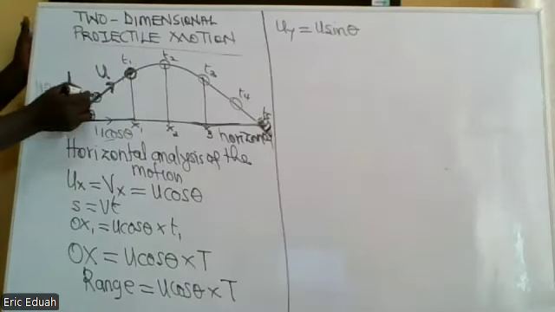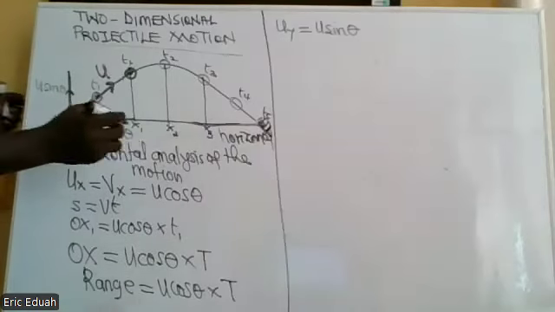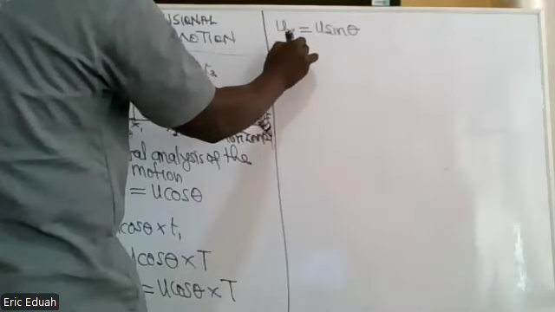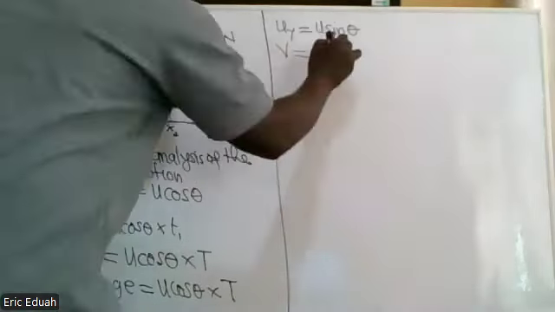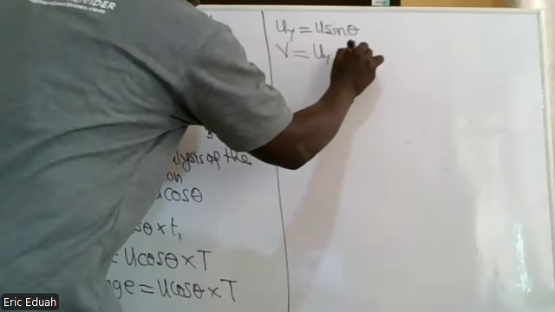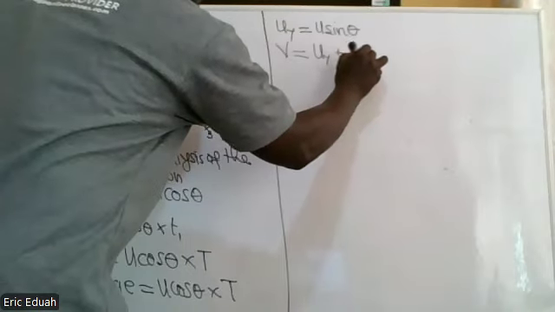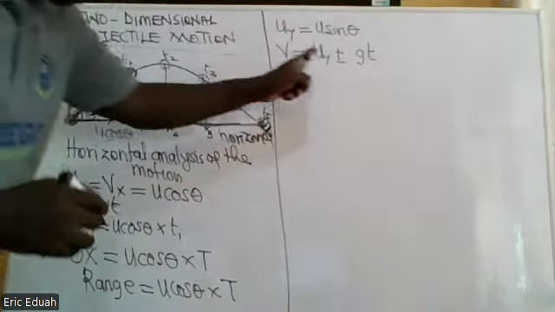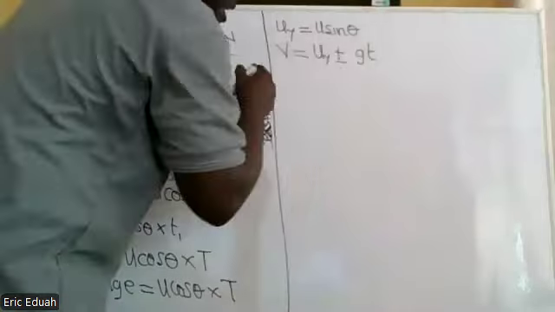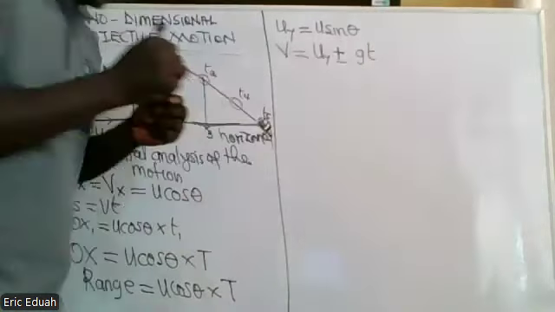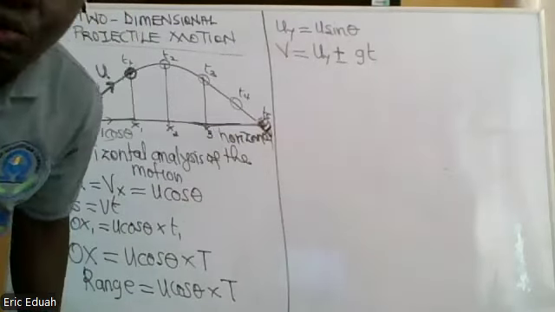So if you want the speed at t1, t2, t3, we must use v equals uy plus or minus gt. Class, must this be plus or minus? I'm deliberately leaving plus or minus. But the question is, which of these two operators would work here when the body is going up?